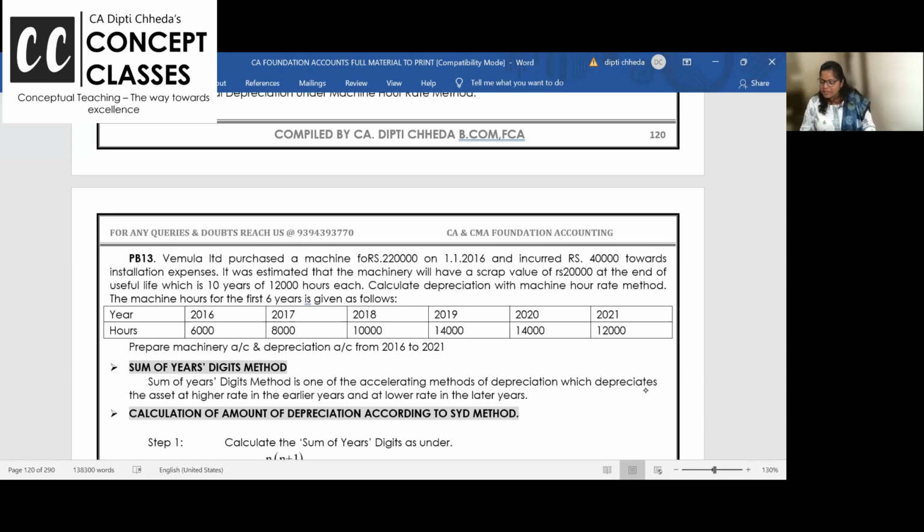It is estimated that the machine will have a scrap value of 20,000 and is going to work 12,000 hours. Calculate the depreciation with the machine hours which are given to you from 2016 onwards, and you have to prepare the account also.